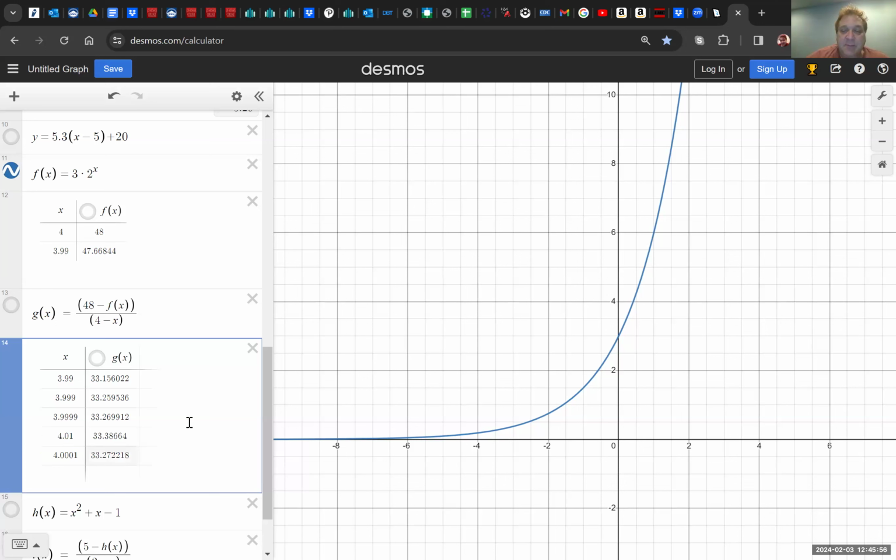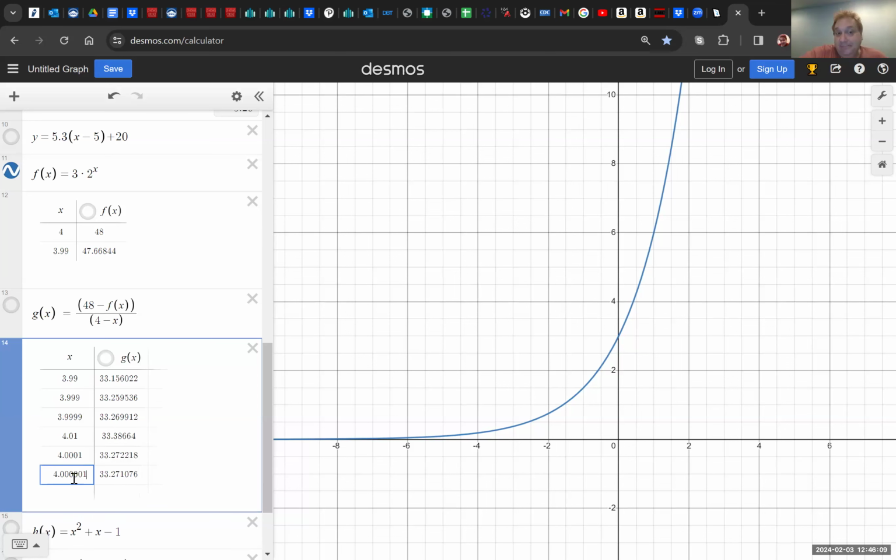So at some point, if I get too close to 4, it'll just round off the numbers because it's too close to 4 for it to be able to do all the digits. I'm not sure where that is here, but eventually you'll see that it'll start rounding, and you won't be sure about the accuracy of your slope. But we're only estimating.